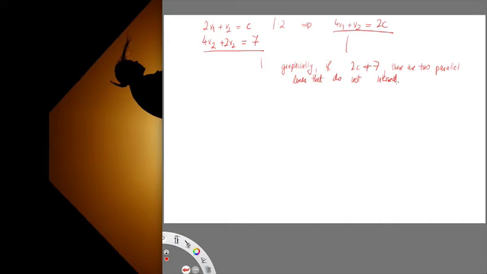Again, just because you can write the system down, that doesn't mean that it has a solution or a unique solution.